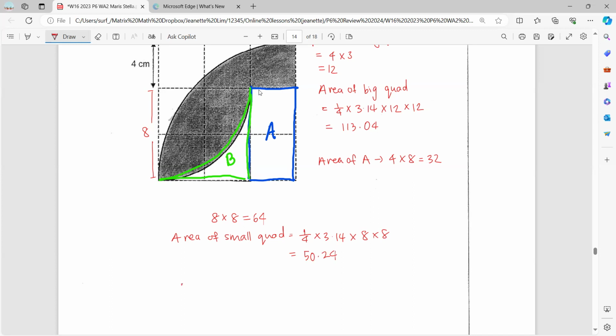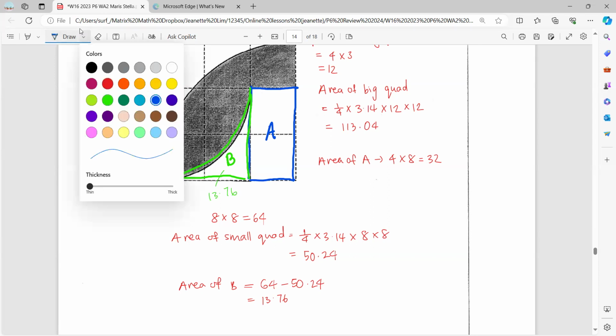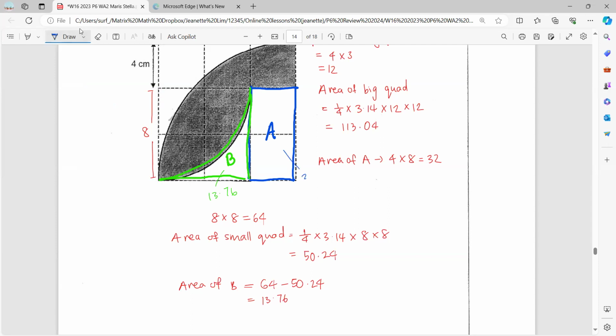So the area of B is actually the square, 64, minus the small quadrant, which is 13.76. Okay, so this is 13.76 and this here is 32.